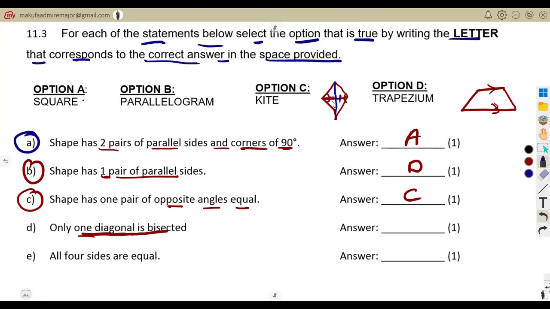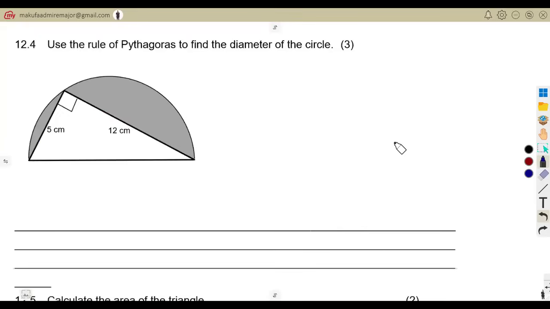It's a kite again. All four sides are equal on this one. Which shape has all four sides equal? A square. Remember the angles 90, 90, 90, and also the sides are equal. So a square was the best option for answering this question.